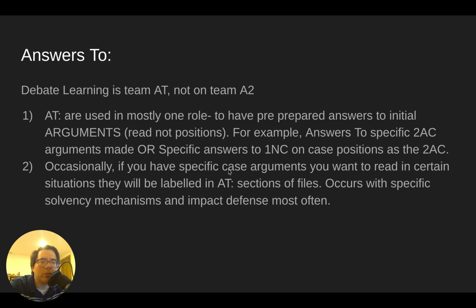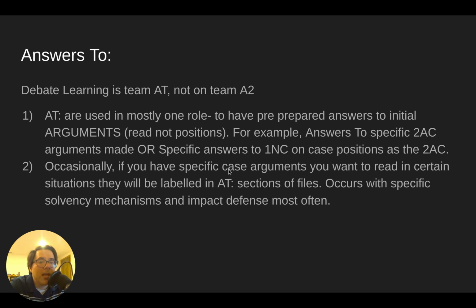Answers to's are usually used in one role, and that is to have pre-prepared answers to initial arguments that are read. So you'll have answers to specific 2AC arguments made when you're negative. Like maybe the 2AC said permutation do both. You will have an answers to permutation do both, and you will already have a pre-scripted set of arguments that you want to read when the 2AC says permutation do both.